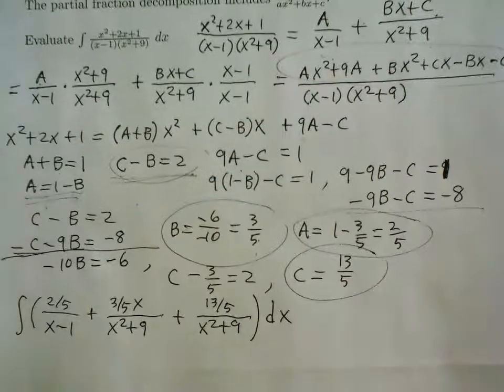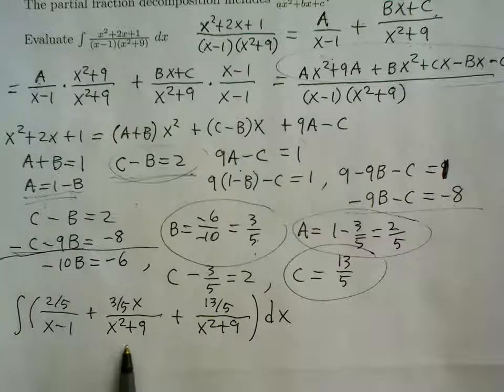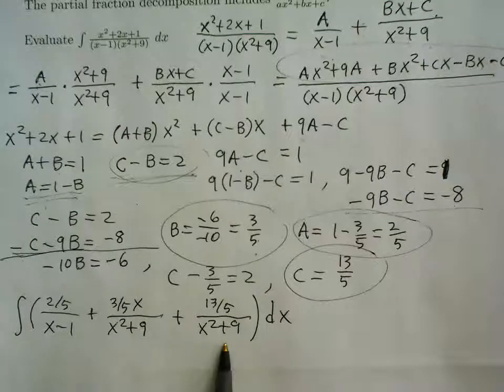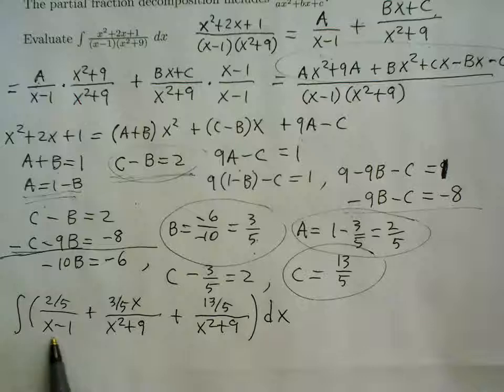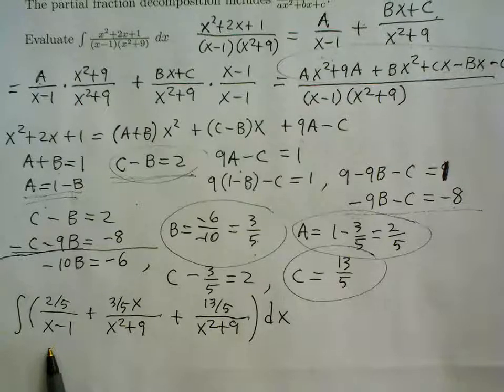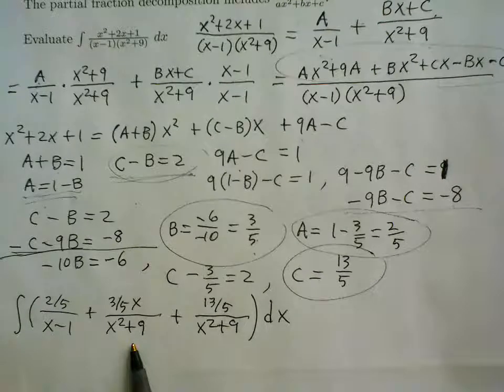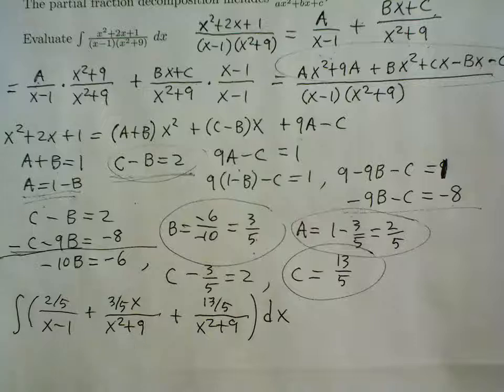Okay, I think I'll leave the rest of this for you to do. We've seen how to integrate terms like this. I'll just mention briefly the integral of the term on the left, 2/5 over x minus 1, involves the natural log. For the integral of the middle term, you can use the substitution rule, where u is x squared plus 9 and du is 2x dx.